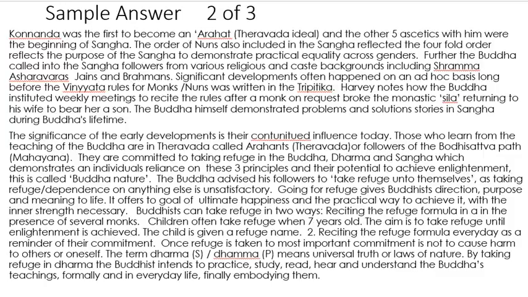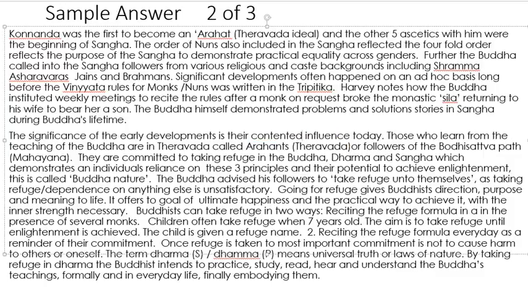The significance of the early developments is their continued influence today. Those who learn from the teaching of the Buddha are in Theravada called Arahants, or followers in the Bodhisattva path, Mahayana.